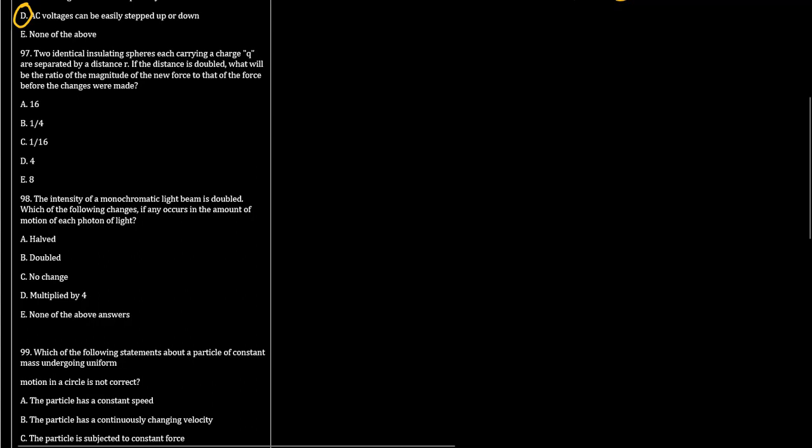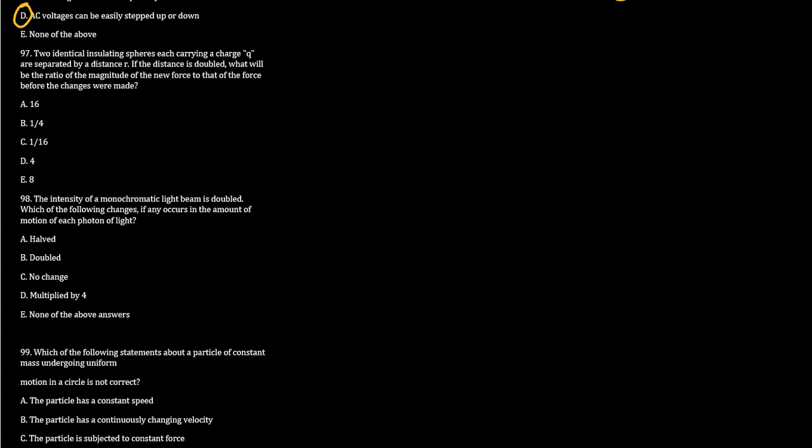So let's identify the problem. We have two identical insulating spheres, each having a charge Q and separated by distance r. So I have a sphere which has a charge Q, and another identical one which has a charge Q, and the distance between them is simply r. If the distance is doubled, what will be the ratio of the magnitude of the new force to that of the old force?